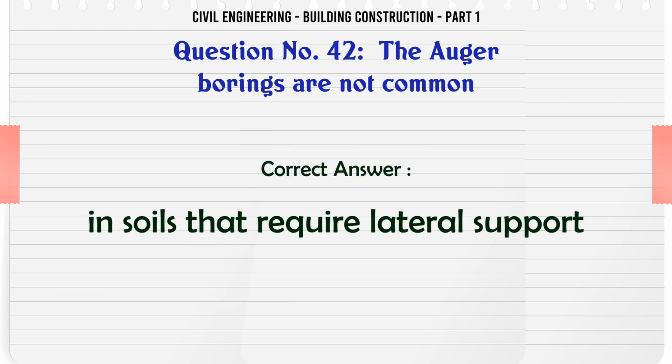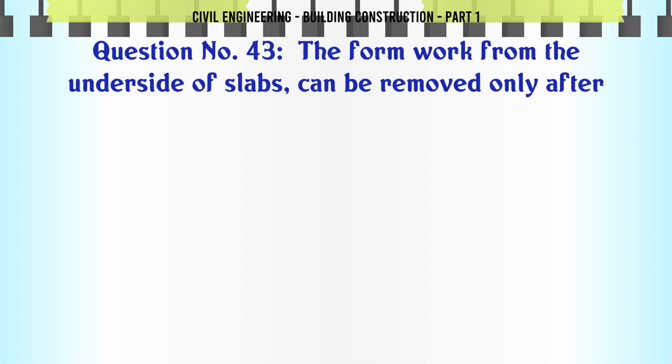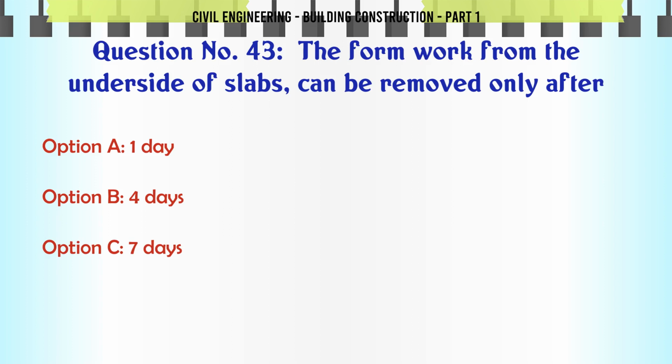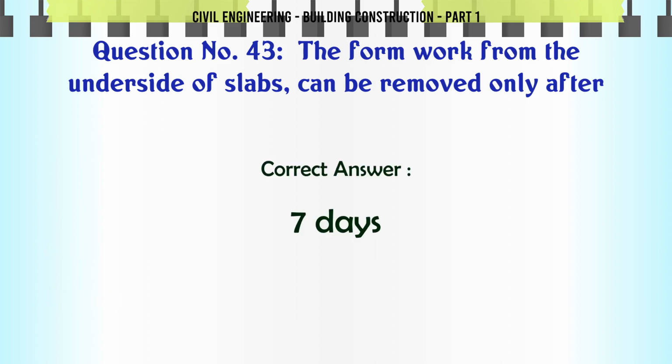The correct answer is in soils that require lateral support. The formwork from the underside of slabs can be removed only after A, 1 day, B, 4 days, C, 7 days, D, 14 days. The correct answer is 7 days.